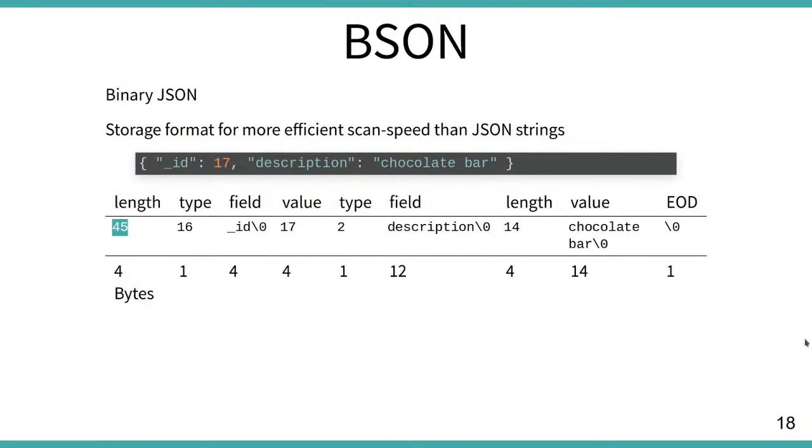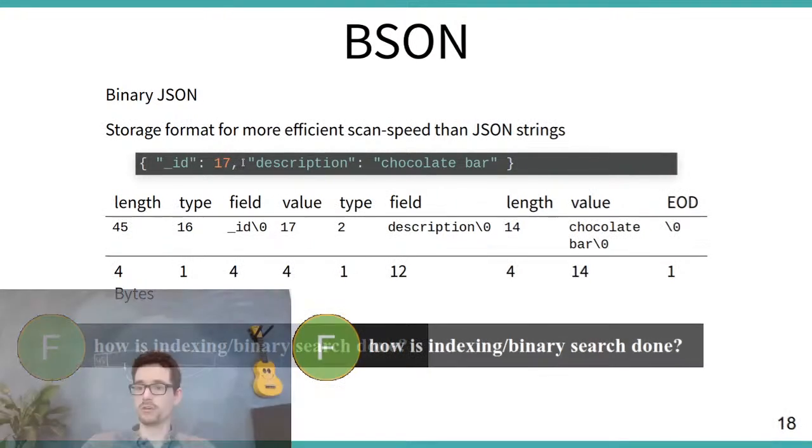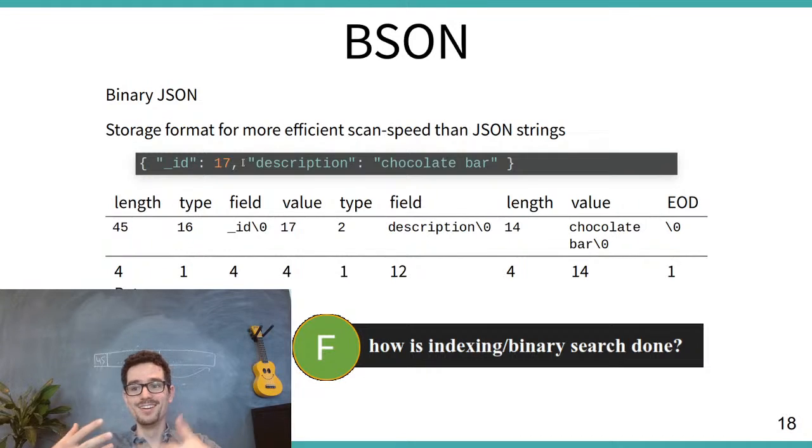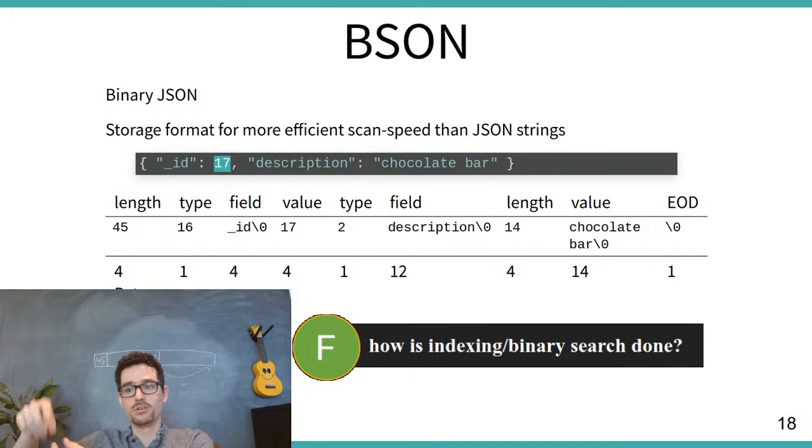So we are finished for today. This is now an internal form of storing JSON. There's a question in the chat, how is indexing binary search done? Basically, indexing can be done in the same way as you know it from relational database systems. So we make an index on the ID, then all the ID fields are inserted in a B tree or B plus tree, and in the leaves of the B plus tree we make pointers to the positions in the BSON file.